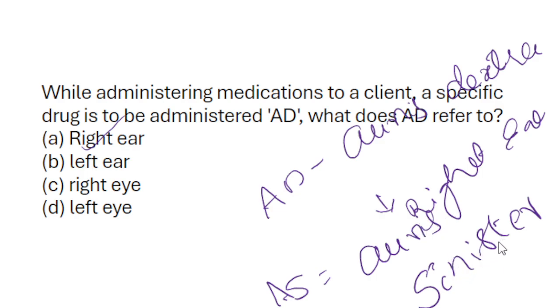Sinister means left, so AS is left ear. Okay, left ear. Next we'll move on to the next question.